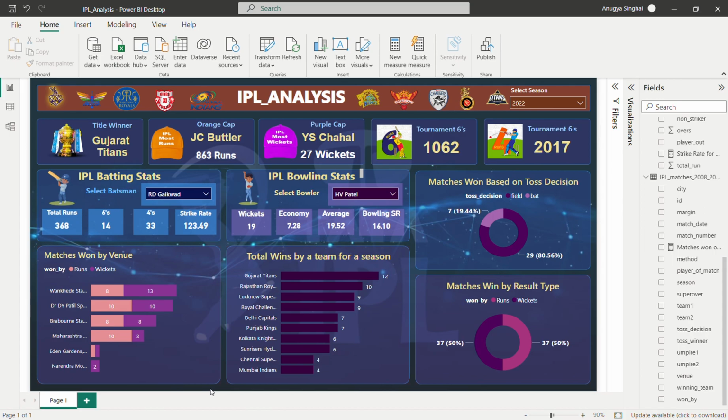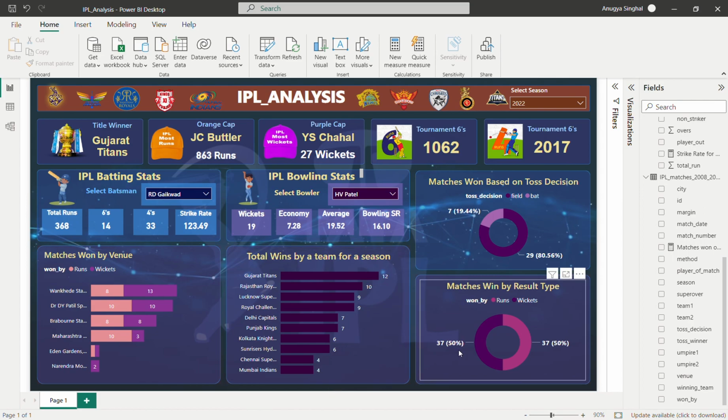So this is also a factor in matches won by the teams. And this chart is telling us the total wins by a team for a season. We are talking about the season of 2022, and the title winner of this season is Gujarat Titans. In this season, Gujarat Titans won overall 12 matches.